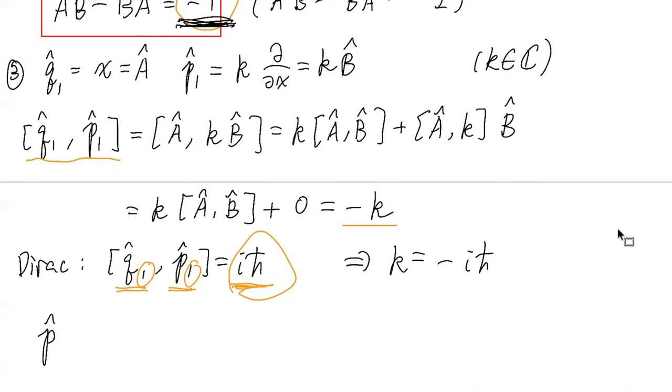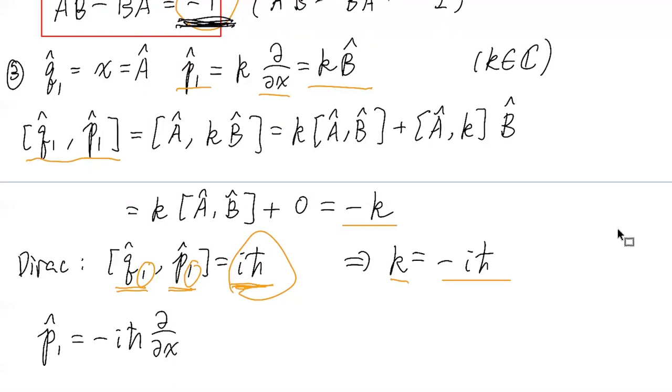The momentum operator of 1 should be equal to -iħ d/dx, right? P1 is K times B. K is -iħ. B is d/dx. Naturally, P is -iħ d/dx.